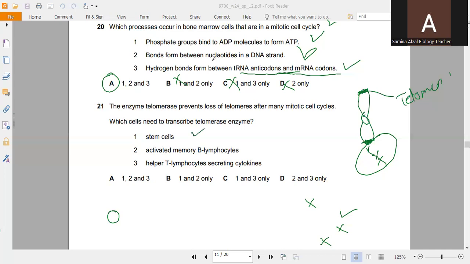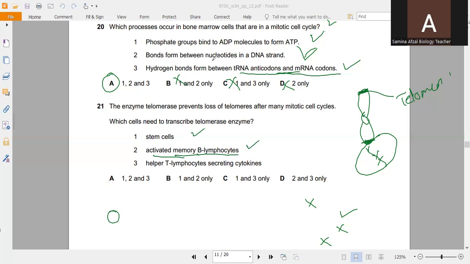The second type of cells are activated memory B lymphocytes. They also need the enzyme telomerase. The memory B cells are part of the adaptive immune system.